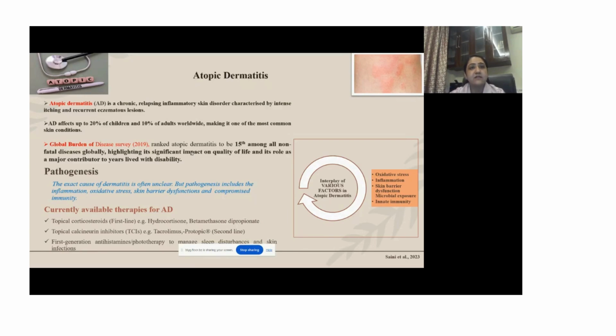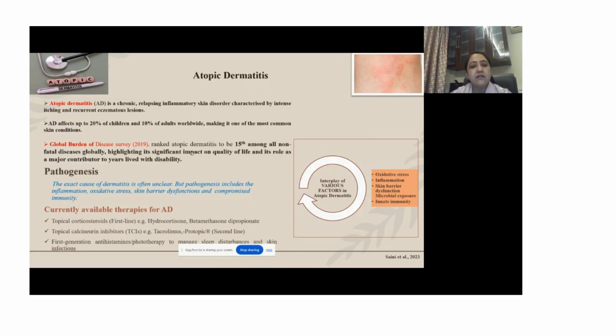There are first line drugs, second line drugs, and some antihistamines and phototherapy with antibiotics also. First is topical corticosteroids, which include hydrocortisone and betamethasone. This is the first line drug, and in the second line there are topical calcineurin inhibitors (TCI), that is tacrolimus and pimecrolimus.